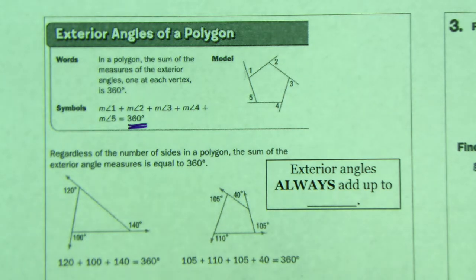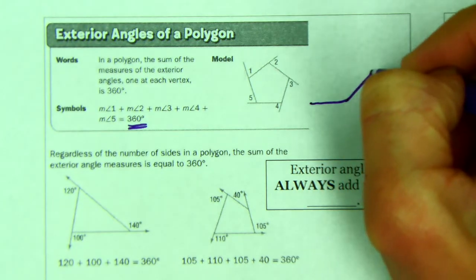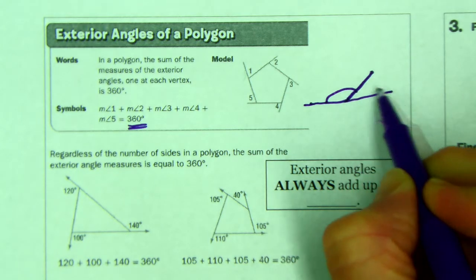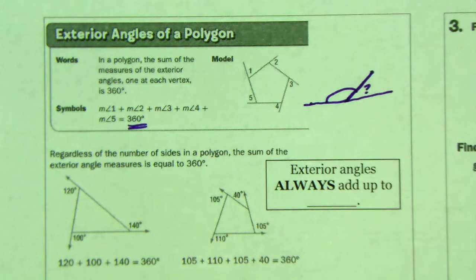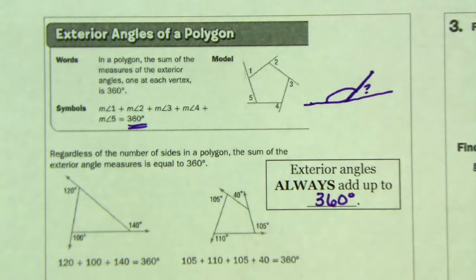It works that way because remember, the more sides we have, the bigger angle we get on the inside. If the inside angle is bigger, what happens to the outside angle? It gets smaller. So exterior angles will always, no matter how many sides, add up to 360 degrees. Okay, so these are really simple.